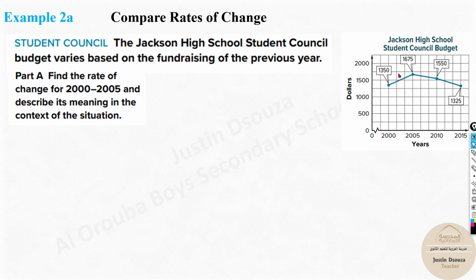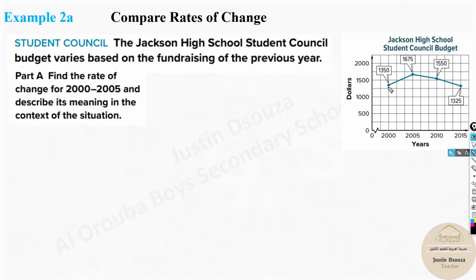But you can see over here it was steadily increasing, and every now and then it reduced. From 2005 to 2010 it hit a decline, and then again it reduced. So we need to find, not everywhere, only part A: find the rate of change from 2000 to 2005 and describe what it means.